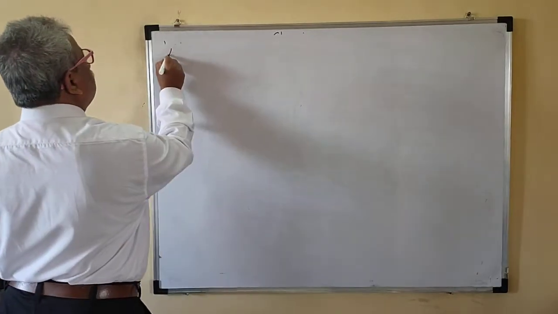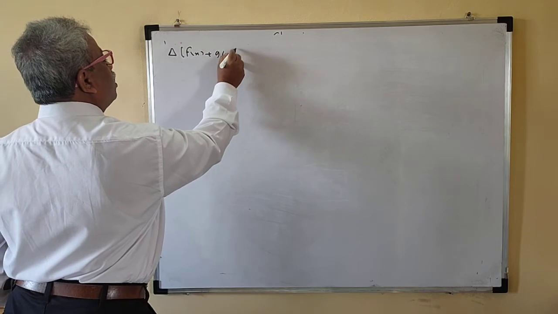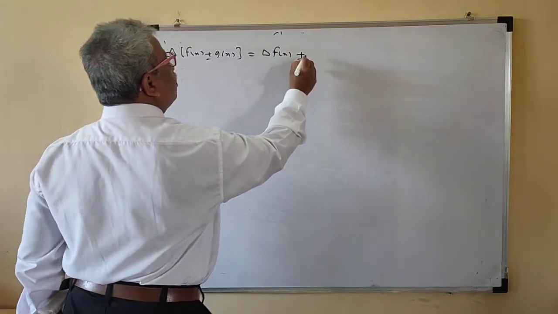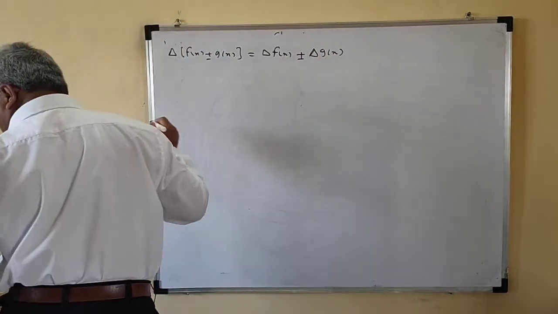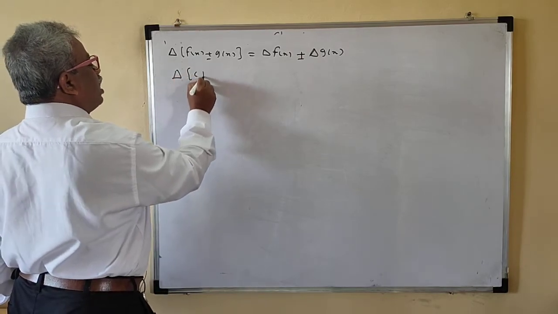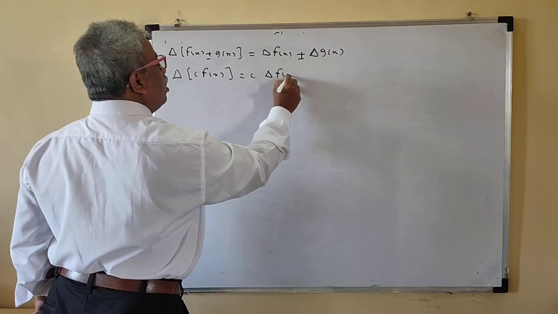Now del of f of x plus or minus g of x is del of f of x plus or minus del of g of x. Next, del of a constant times f of x is the constant times del of f of x.